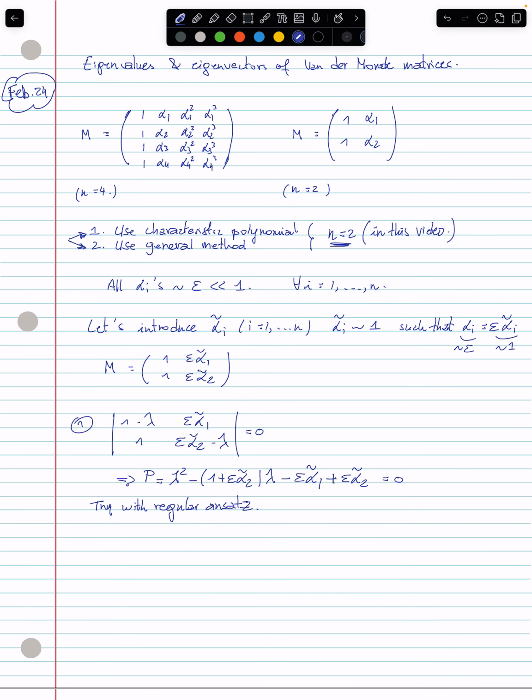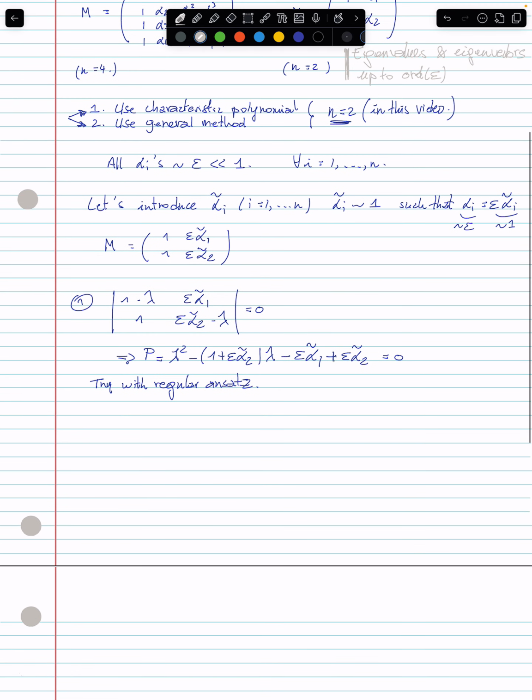What I forgot to say is that we were asked to determine the eigenvalues and eigenvectors up to order epsilon. Okay, so it means when you see this in a question or in a statement, you're not requested to go beyond order epsilon. So you're not requested to get, for instance, terms that could be of order epsilon square.